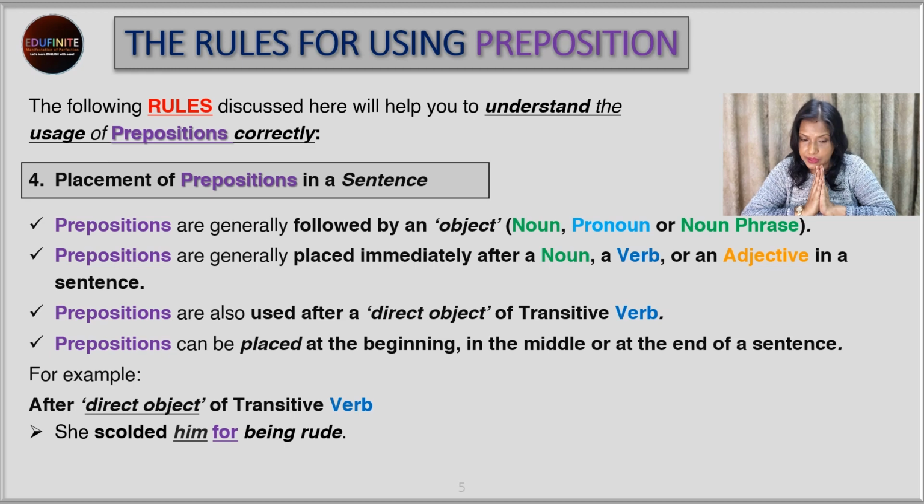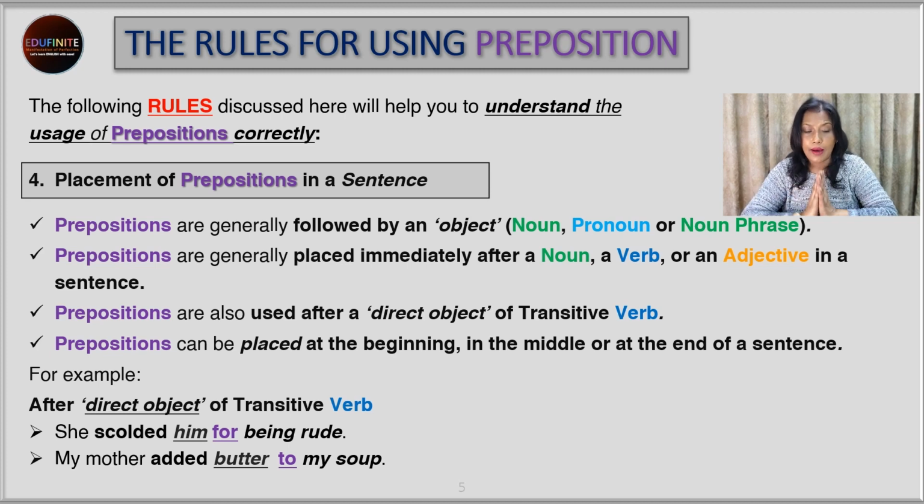Now here the verb is scolded and its direct object is him. She scolded whom? Him. So after this direct object of the transitive verb scolded is the preposition for. For what? Being rude. So being rude is the object of the preposition for.